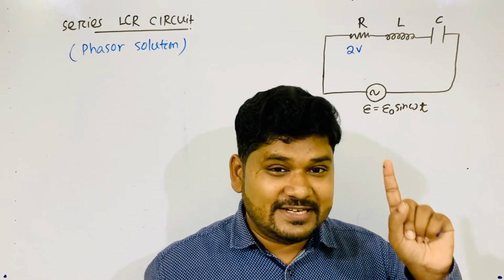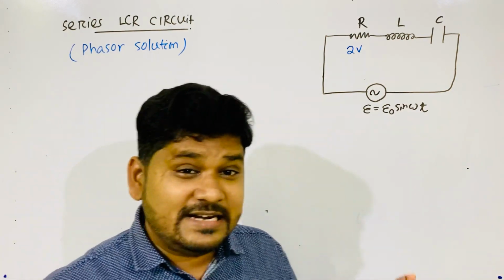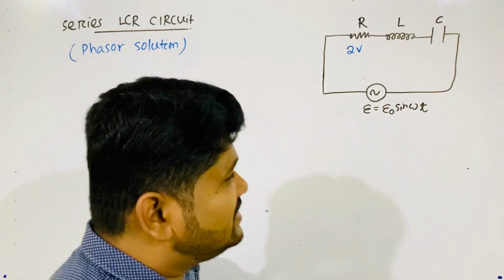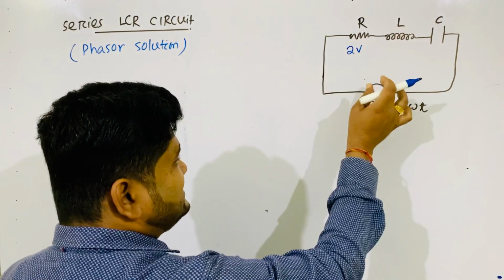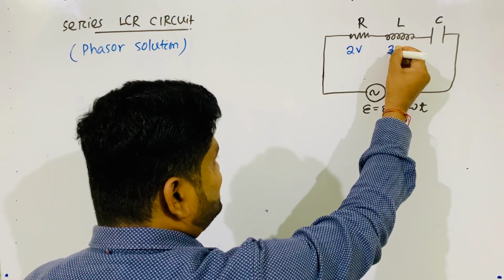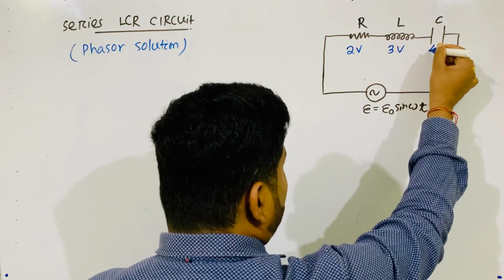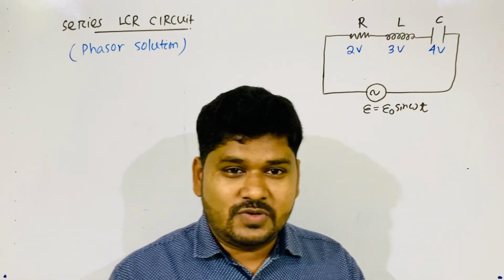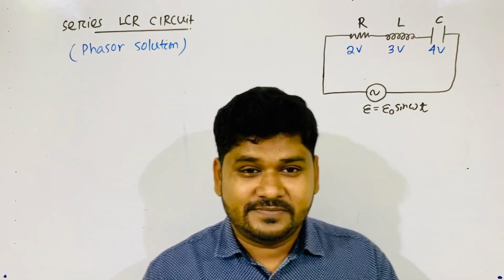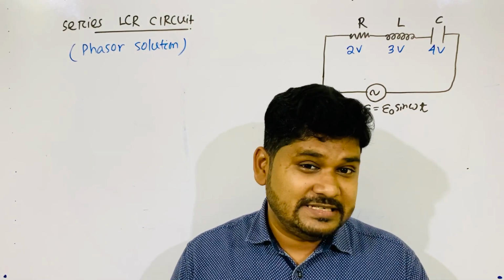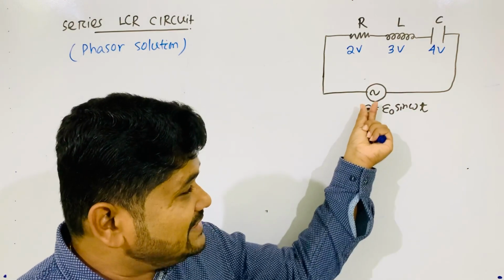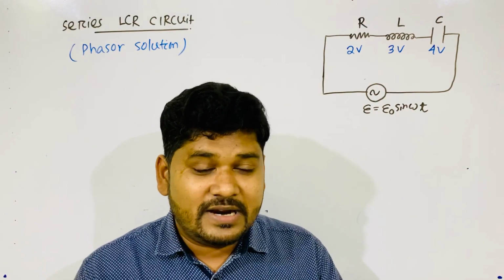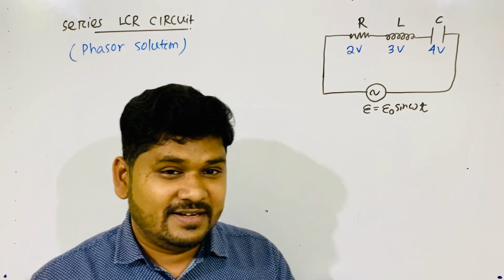You remember that voltage divides in series connection from the current electricity chapter. So suppose this element's voltage is 2 volt, here the voltage is 3 volt, here the voltage is 4 volt. My question is, what is the net voltage applied?